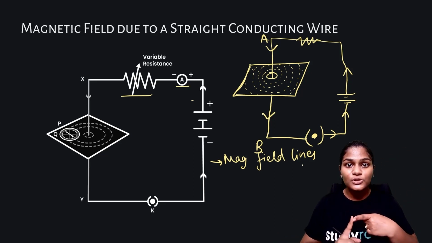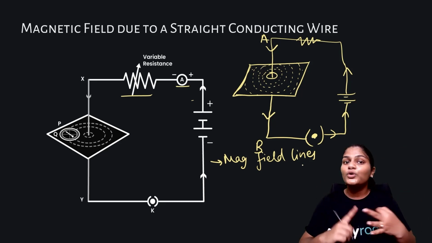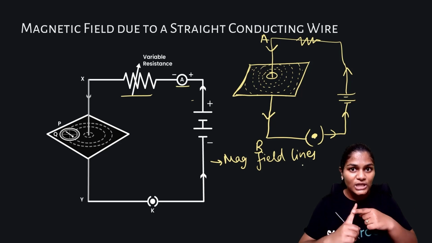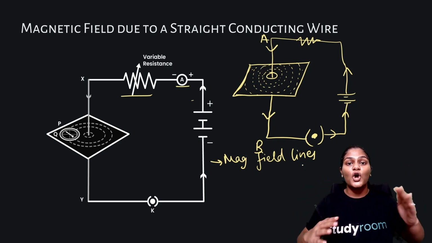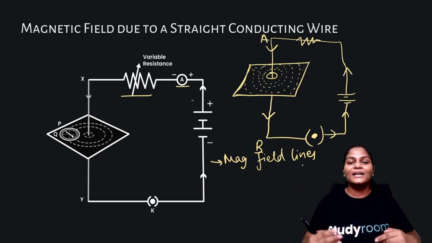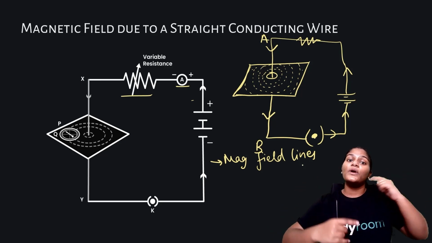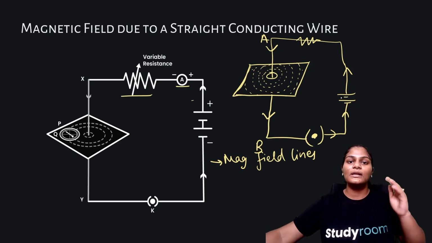The properties don't change. The field lines are still continuous. They are still curves. No two field lines touch each other. Wherever the field lines are very close to each other, the magnetic field is very strong. All those properties remain the same, but the shape or the way the field lines are formed is different for each and every single conductor.